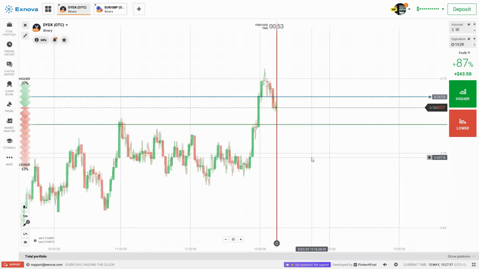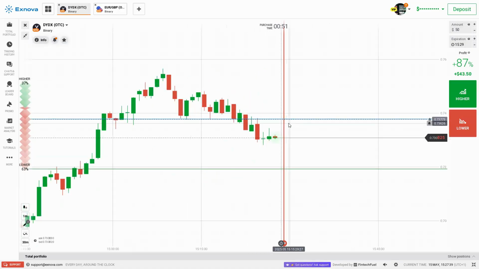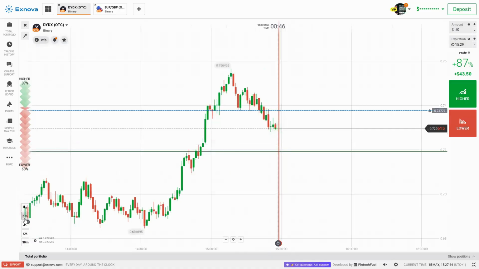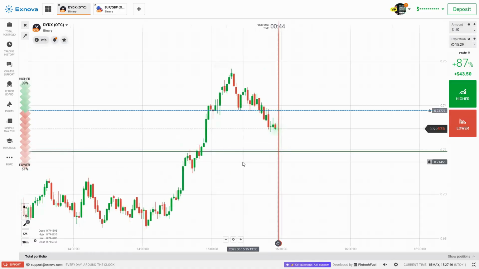Let's see what the 1 minute candle is doing. Right, it's forming slow candles. The market is still breaking the lows. That means sellers are still interested.